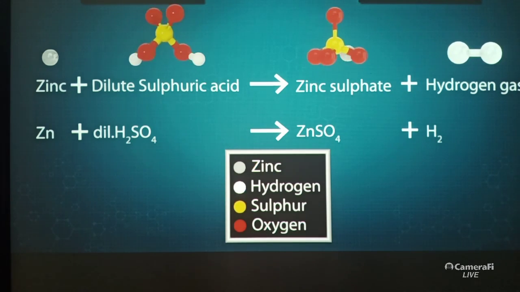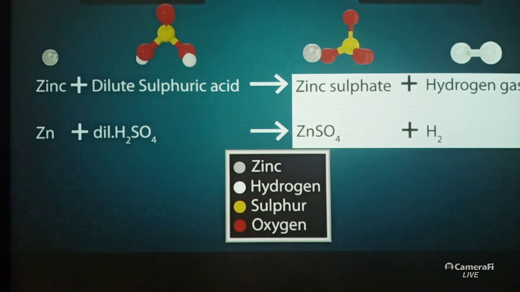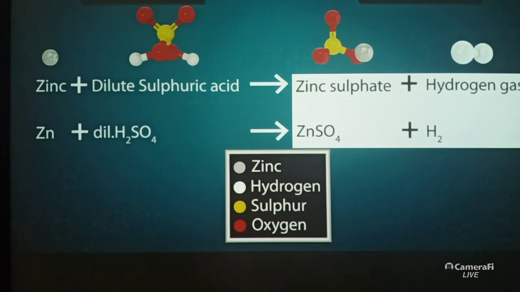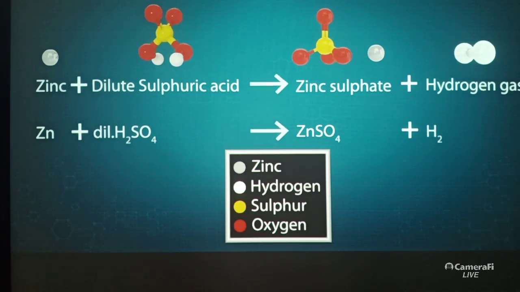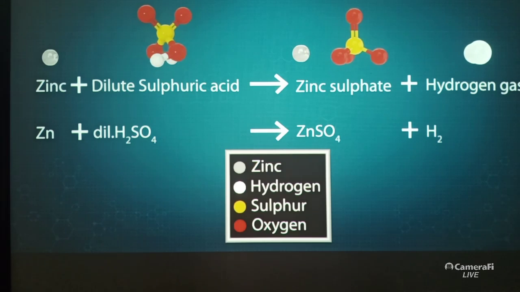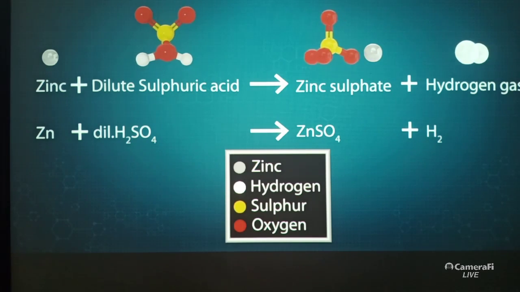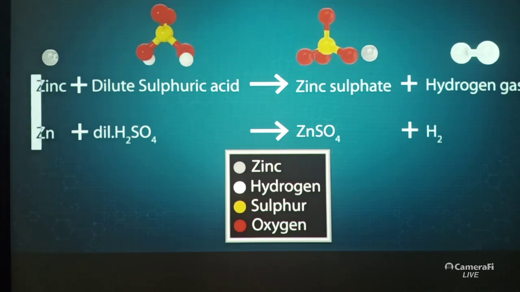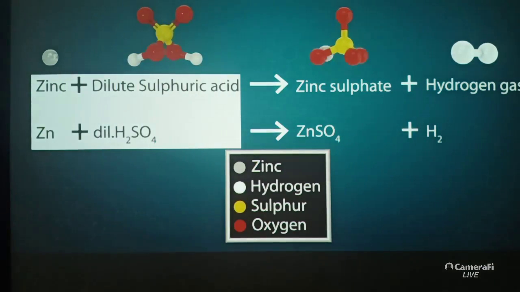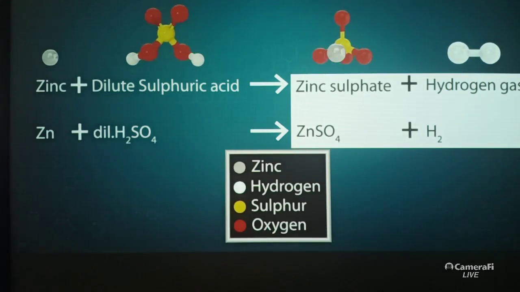In the equation, zinc sulfate and hydrogen gas are the products. Hence, they are on the right. An arrow separates the reactants and the products and also indicates the direction of the reaction. Thus, in the reaction, the arrow indicates zinc and sulfuric acid react to form zinc sulfate and hydrogen.